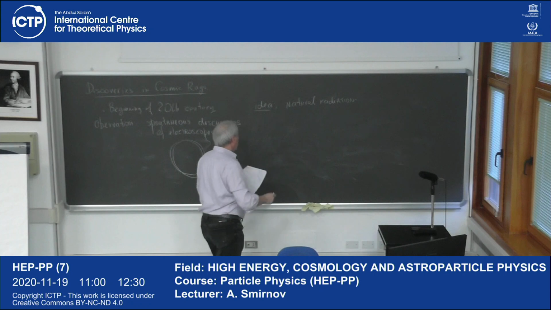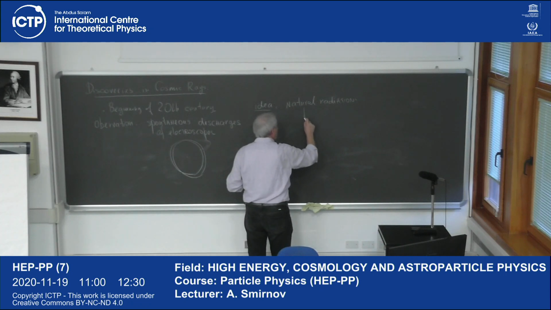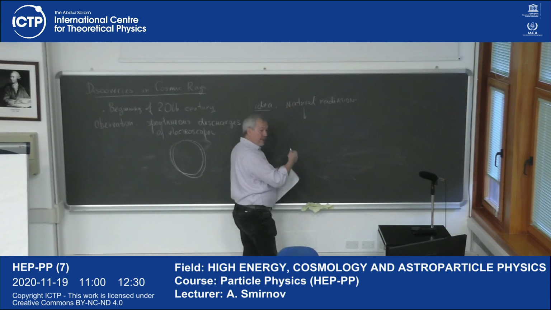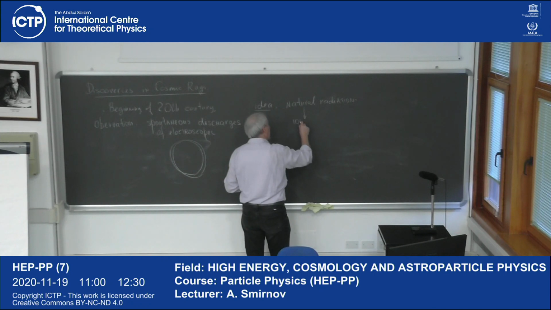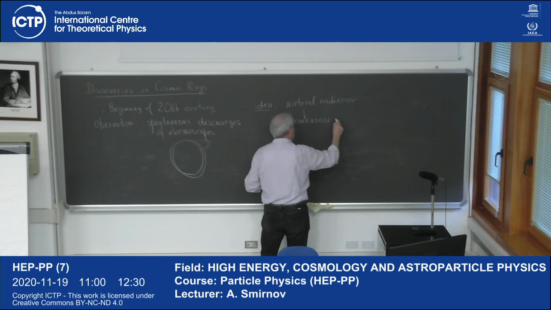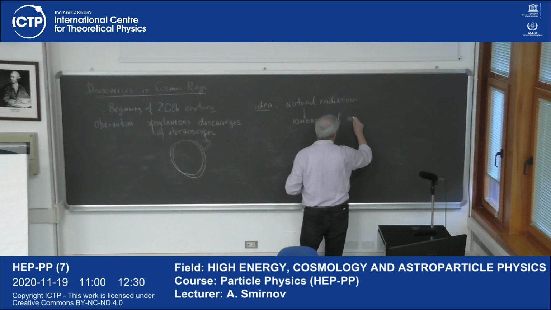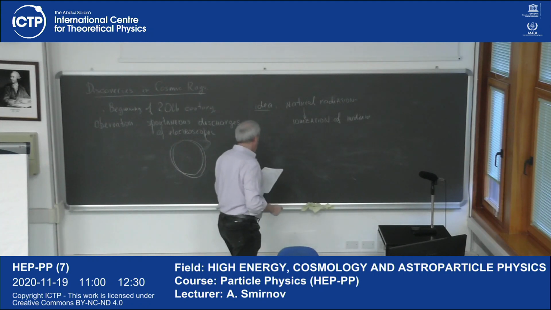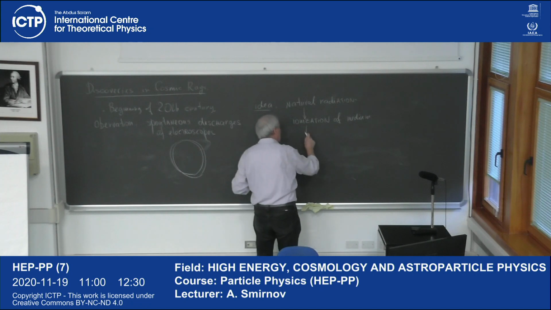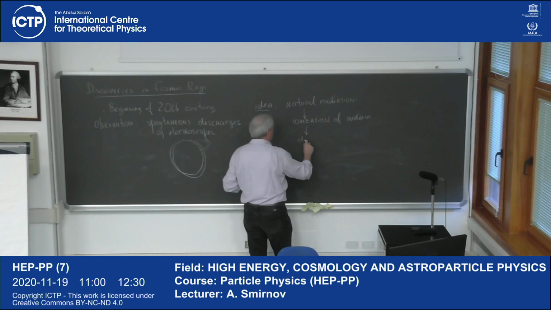Natural radiation around us produces ionization of air essentially, and then this produces discharges.